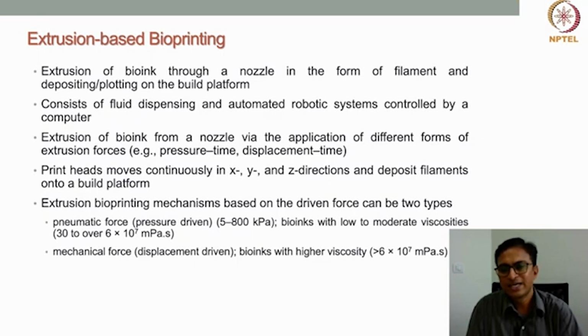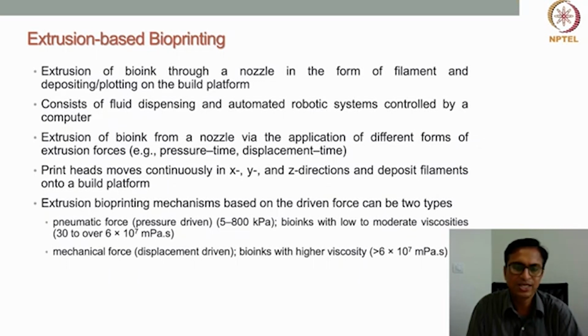The materials here are mostly either a polymer solution or a hydrogel, or maybe a nanocomposite material or other types of materials. A fluidic material is mostly used, and that material is put into the fluid dispenser or inside the syringe, and then pressure is applied on top of the syringe so that the material comes out through the nozzle.